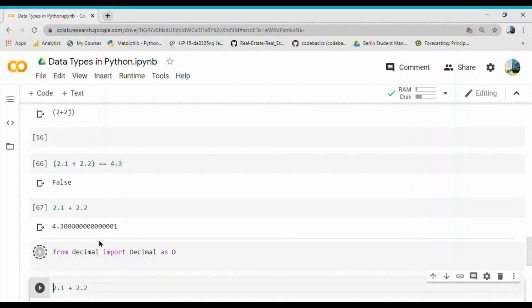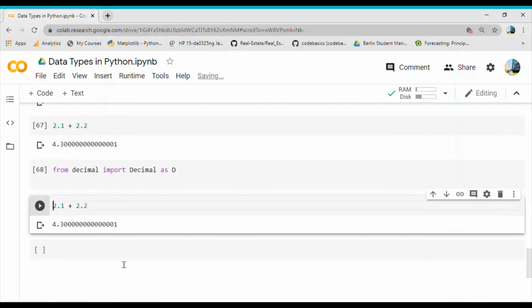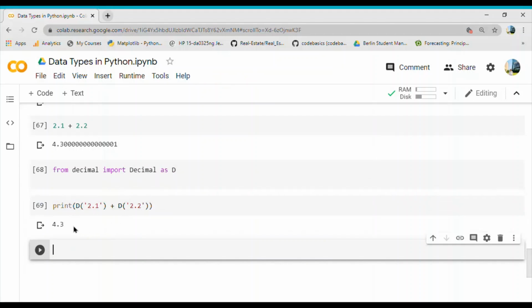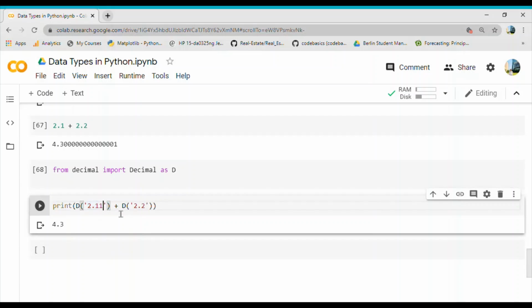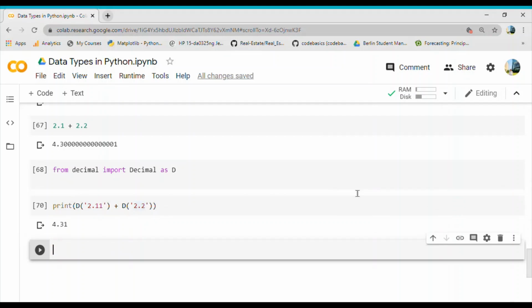It allows a user to set the precision of floating point numbers, like how many decimal points I want. If I print the addition of this, it's 4.3 because I wanted 1 decimal point precision. If I do 2.11 and 2.2, it is 4.31.